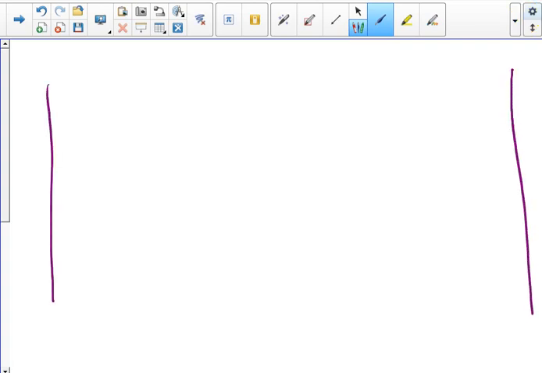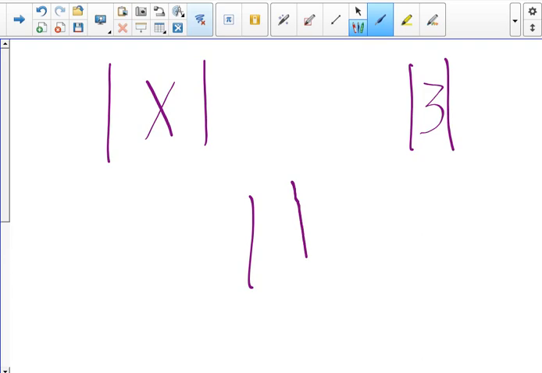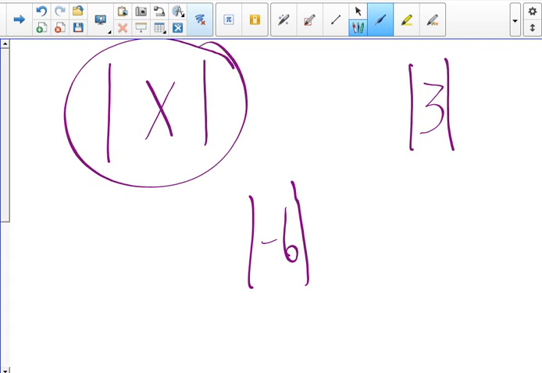If I don't hear. Okay, so if I talk about an absolute value, in Algebra 1, you would see something like this, or something like this, or maybe like this. This would represent the absolute value of x.